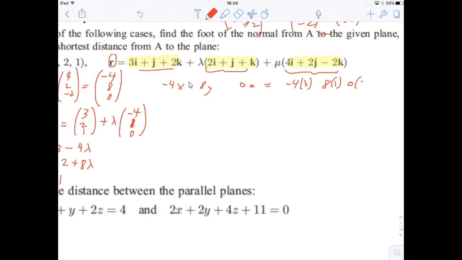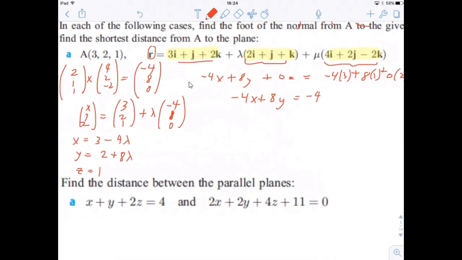All we need is 1 point on the plane, and then we add those together and we add those together. So we simplify it and we get negative 4x plus 8y equals negative 12 plus 8, which is negative 4. And then we can use this to find the lambda, which would give us the foot of the perpendicular just by plugging in these expressions for x and y and lambda.